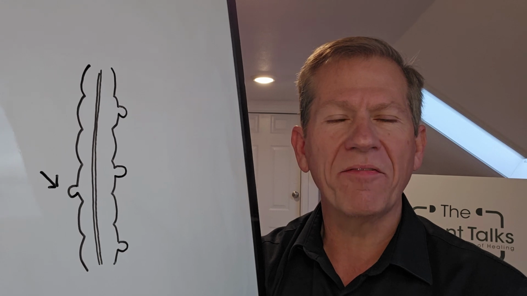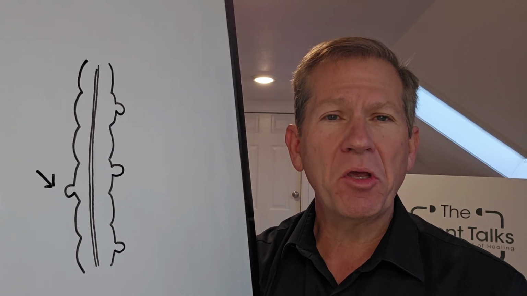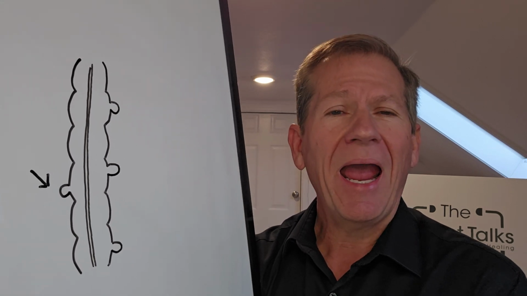And what can happen is if there's any weakened areas along that intestinal wall, a little outpouching can start to occur. A single one of these outpouchings is called a diverticulum. If you have several of them, it's called diverticulosis. And somewhere north of half of the people that are over 60 years old have it in the Western society.